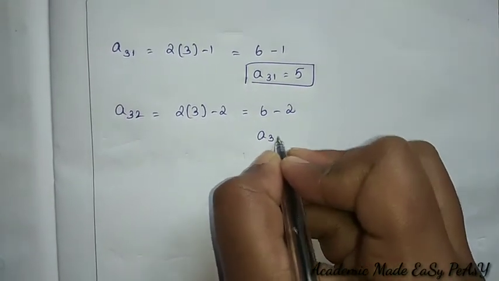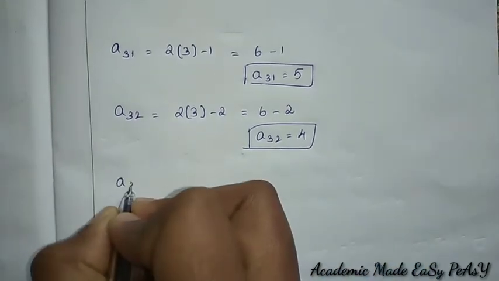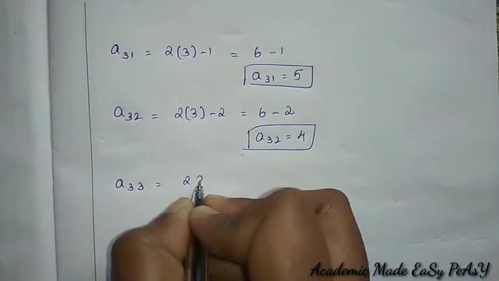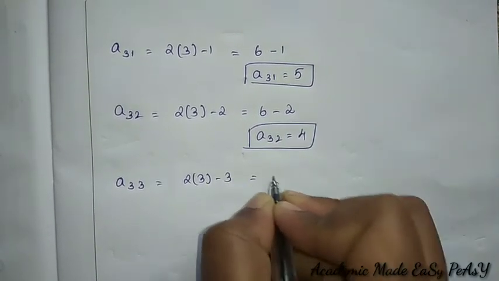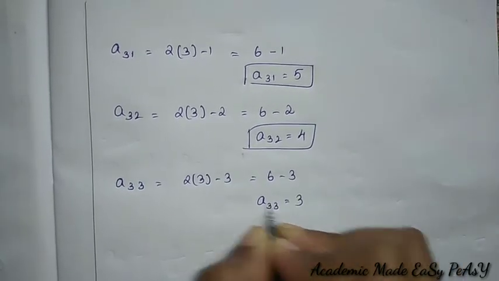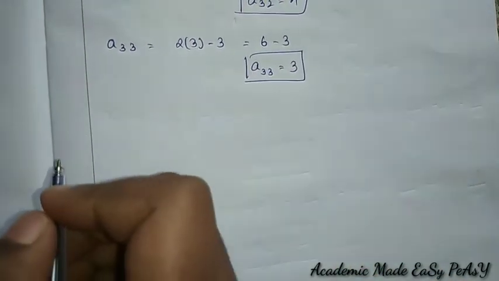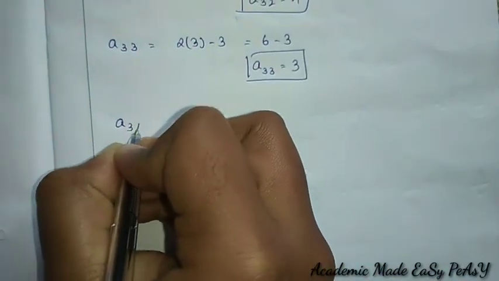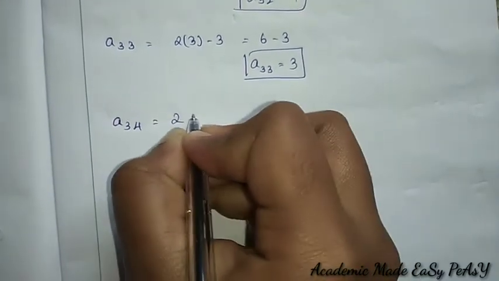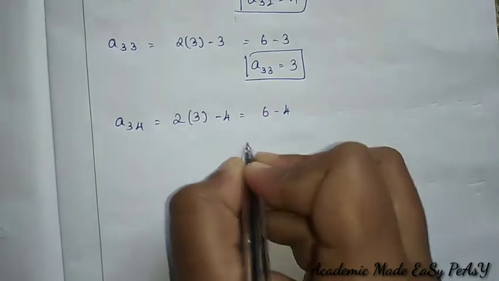So A32 is equal to 4. Next, A33 is equal to 2 into 3 minus 3, which is equal to 6 minus 3. A33 is equal to 3. Next, A34 is equal to 2 into 3 minus 4, which is equal to 6 minus 4.